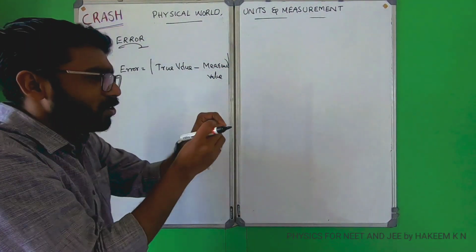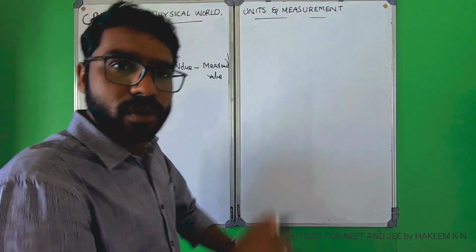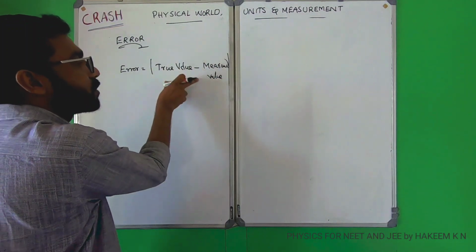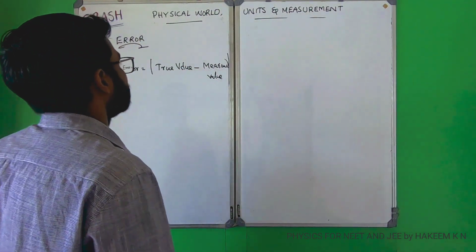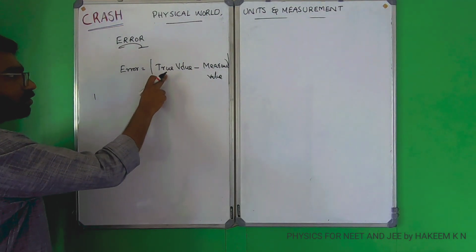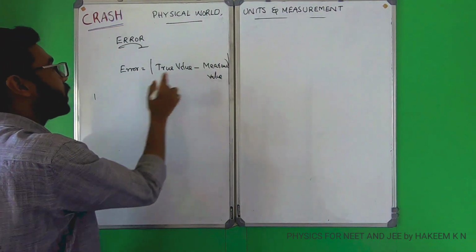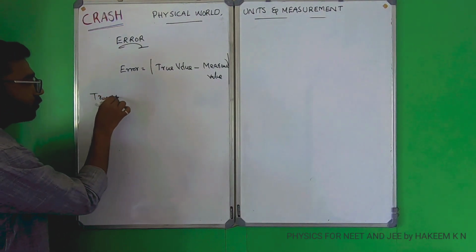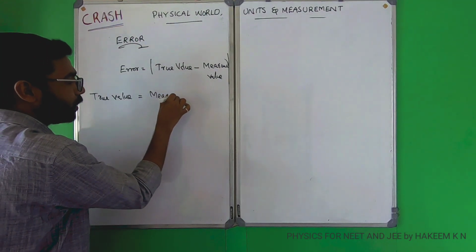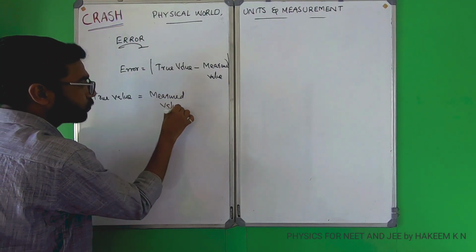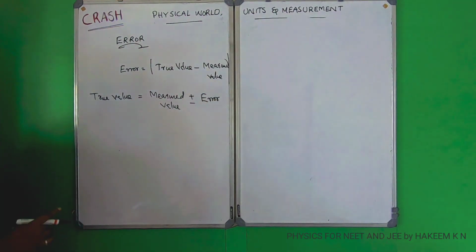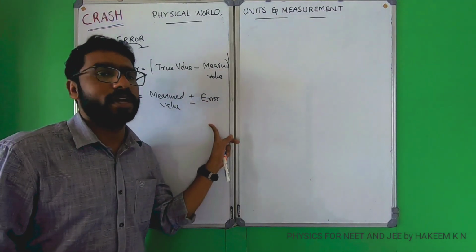The measured value may be a little bit greater or a little bit less than the true value. True value we will write as measured value plus or minus error.